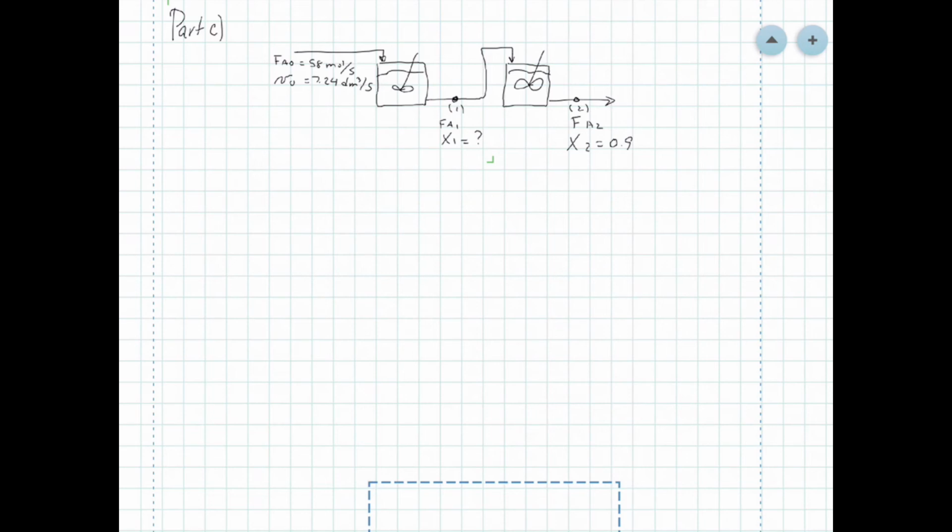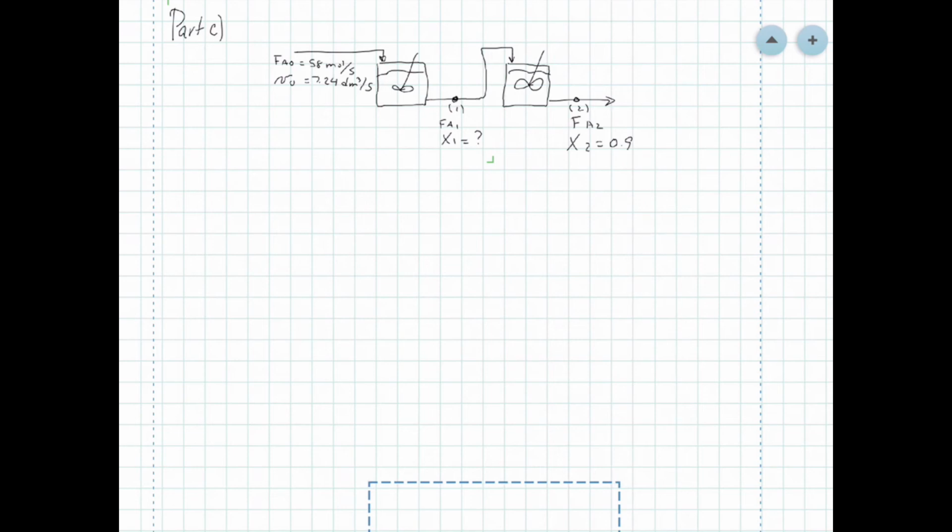We can get from stoichiometry the flow rate at position 1. We need to get the concentration at that point, and then we need to get the conversion at point 2 and point 1. Also, we need to get from stoichiometry the definition of the flow rate at that position.